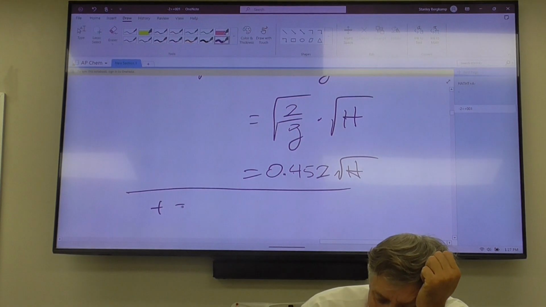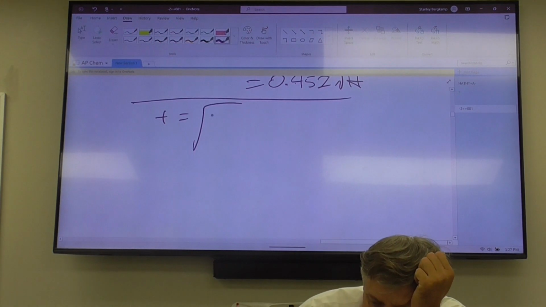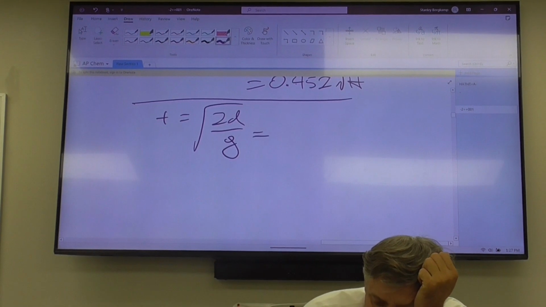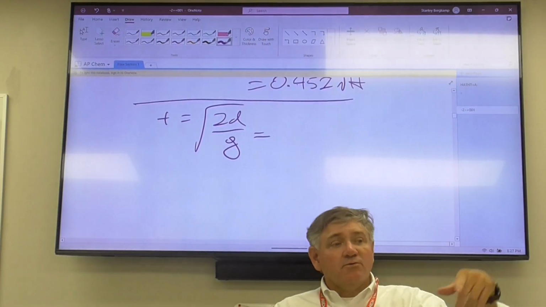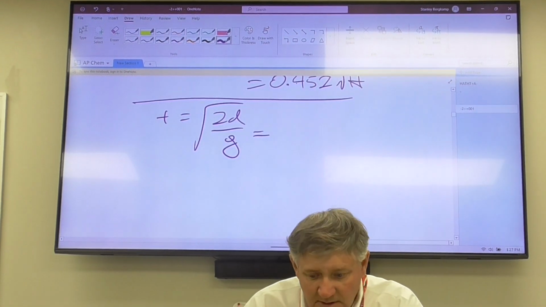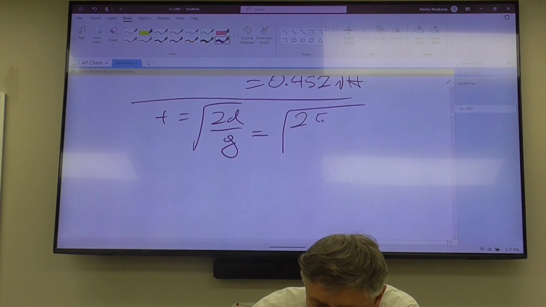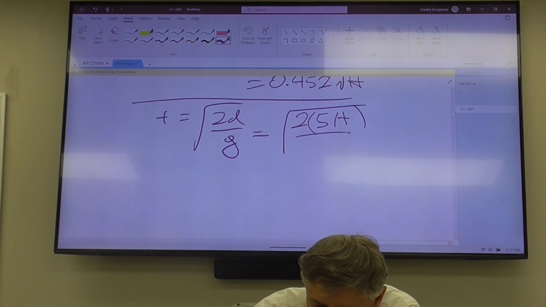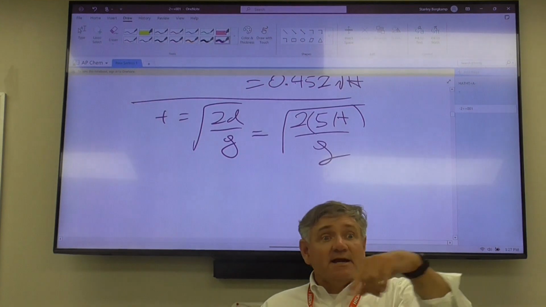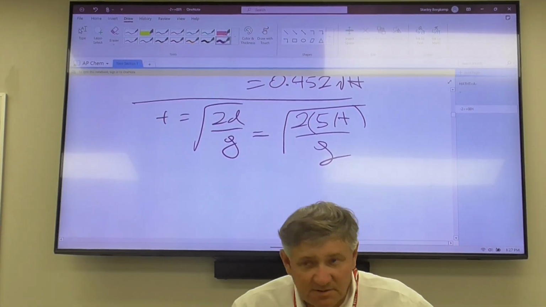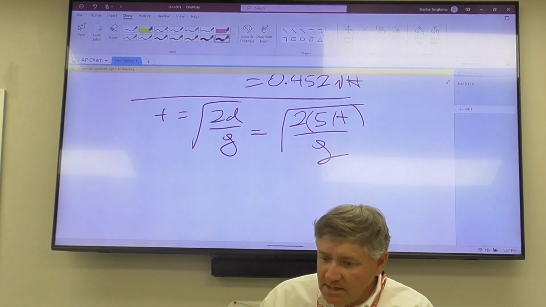Time is still going to equal the square root of 2d over g. But instead of d, what are we going to put? 5h. So that's going to be the square root of 2 times 5h over g. Can I do the same thing? What's 2 times 5? 10.